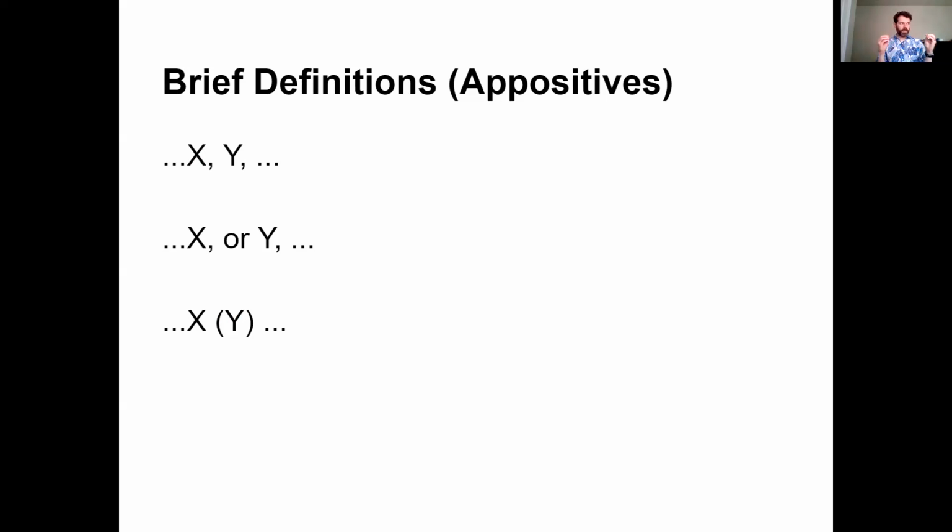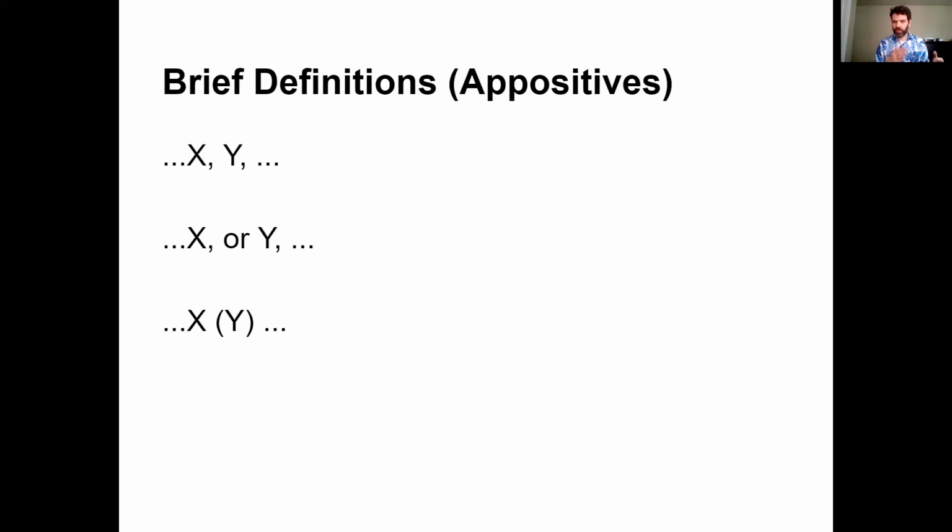And we can separate that from the new word with commas, with the short definition, or with commas and the word or before it, or we might even just separate it from the main sentence with parentheses. The advantage of brief or appositive definitions is that we don't have to give a whole sentence to give the definition.